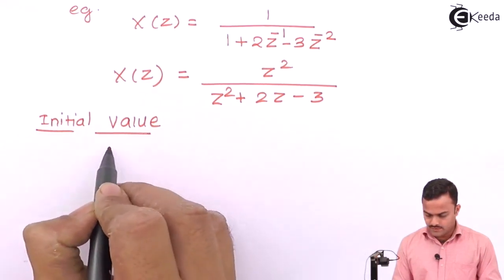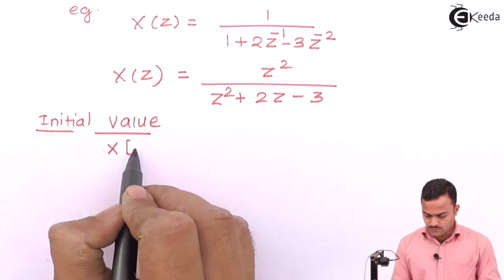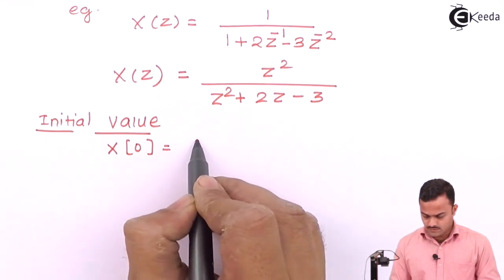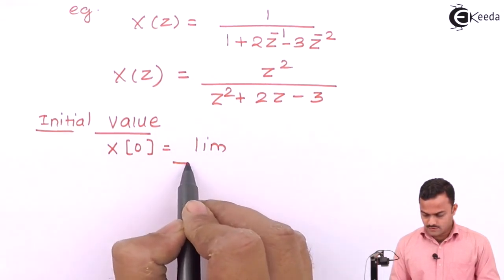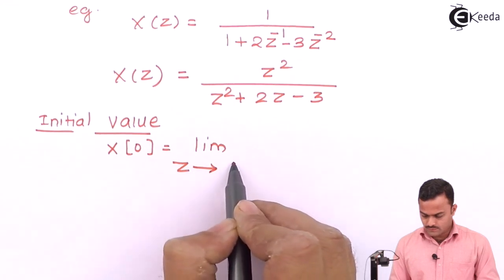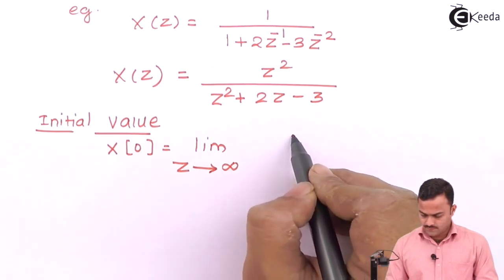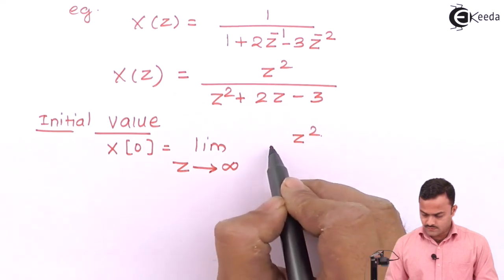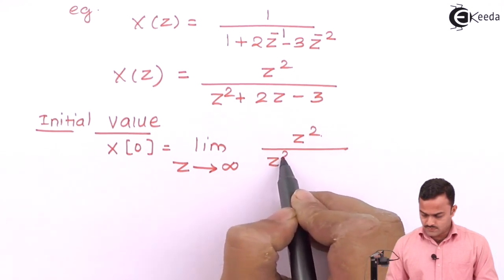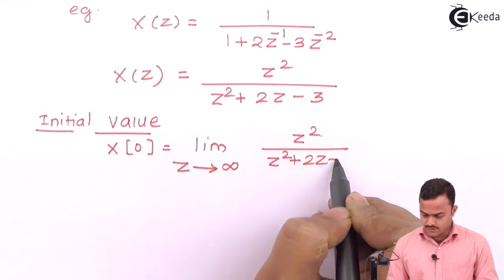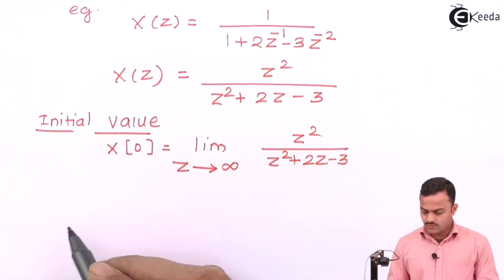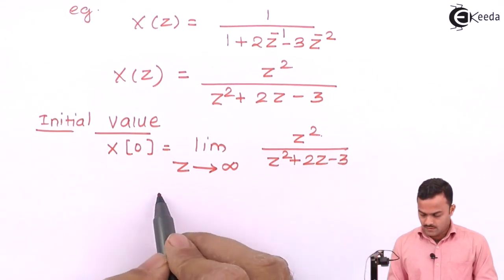The initial value will be x of 0, which is limit z tending to infinity of z square upon z square plus 2z minus 3. How are we going to solve this?